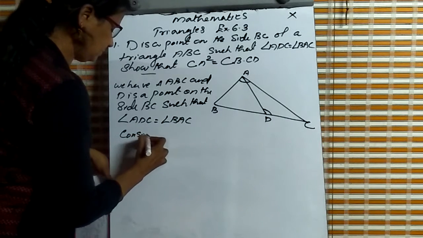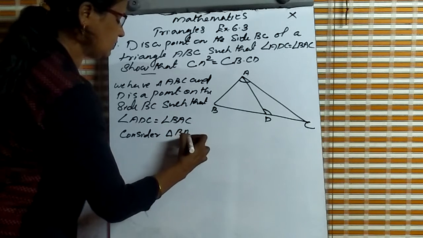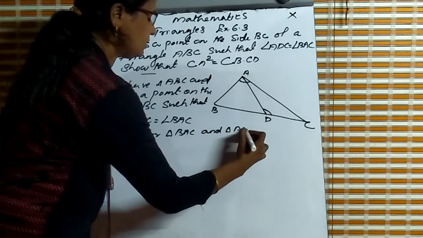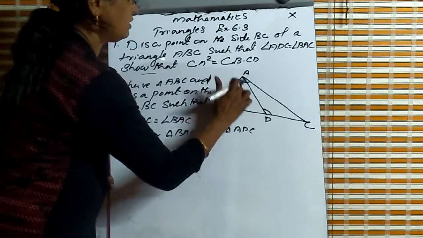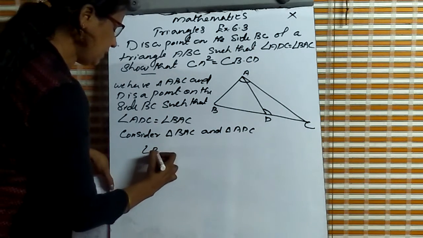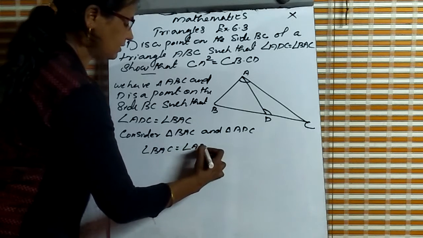Consider triangle BAC and triangle ADC. Here in BAC and ADC two angles are given and which is equal. That means angle BAC is equal to angle ADC. That is given.